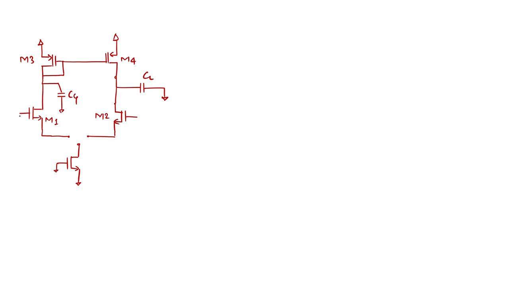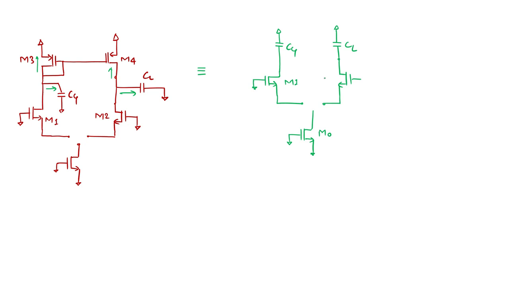Okay, so what point I want to make here, that effectively what you'll see here, if this cap impedance is dominating over this 1 upon GM3 impedance, then this will be dominating, and RDS4, if the impedance offered by CL is dominating, and effectively what we will see is this structure M0, M1, M2.